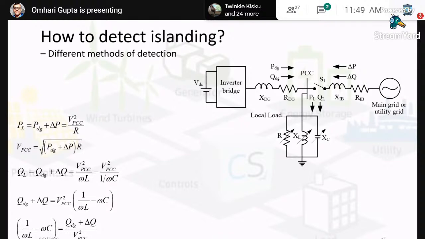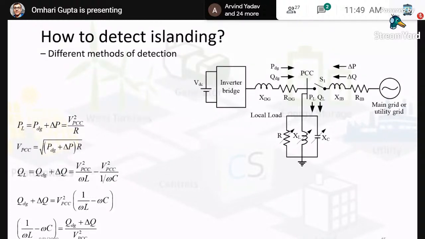Now again consider a case when all the reactive power demand of the load is being fulfilled by QDG, then delta Q is 0, and if the switch is open, it will again be 0. Earlier it was 0, now it is again 0. So there will not be any change in the frequency.